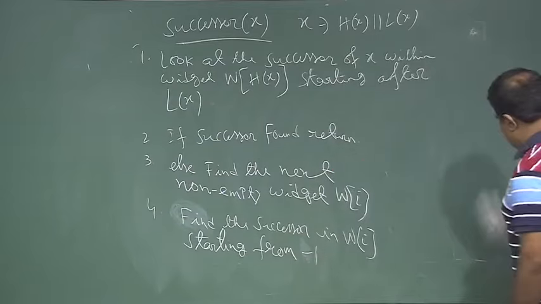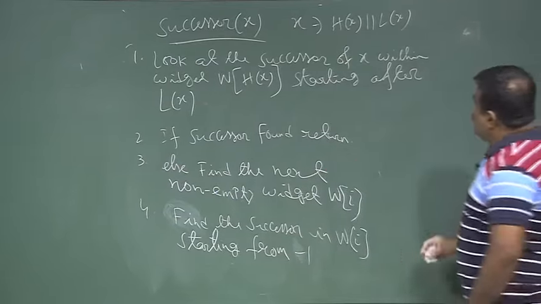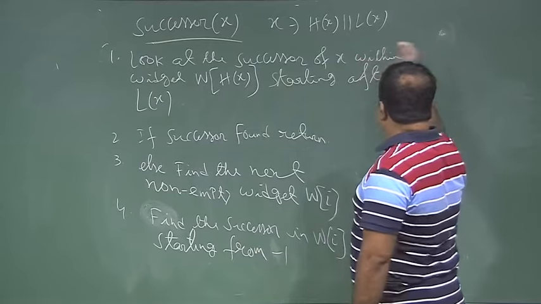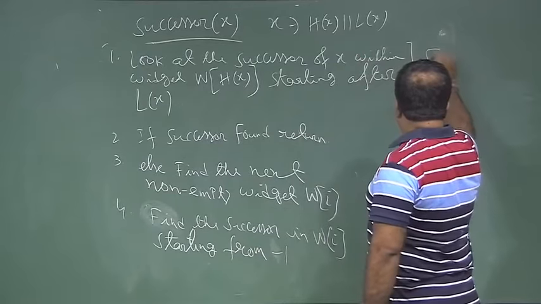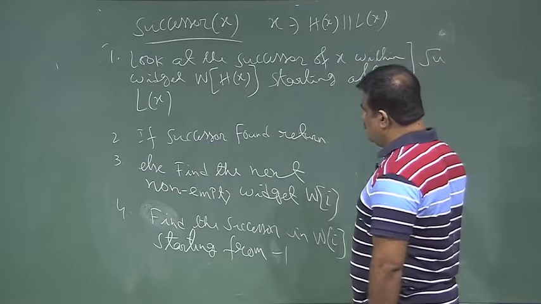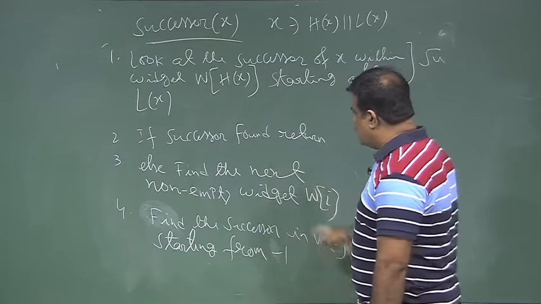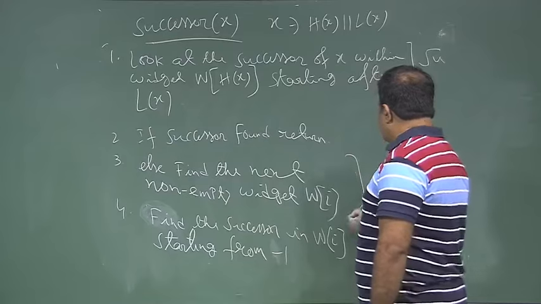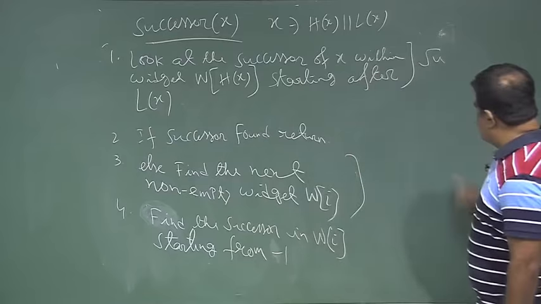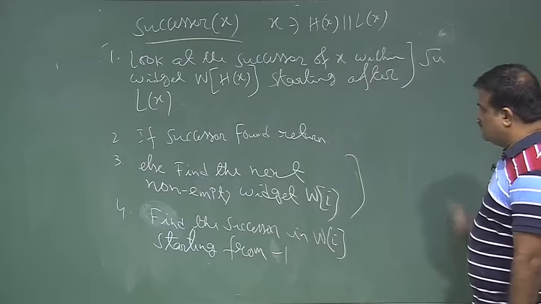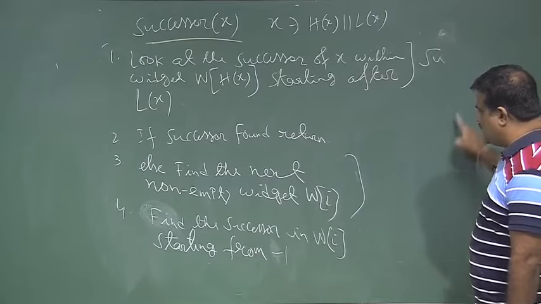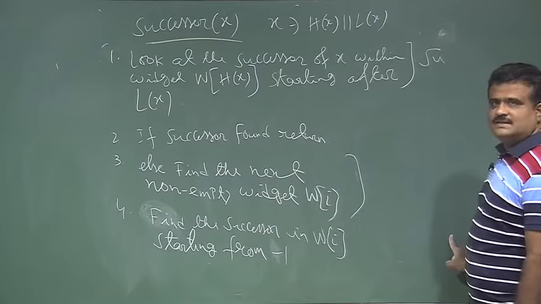Now, what is the time complexity? This will take square root of u time, and if found, then okay, otherwise we have to find the next non-empty widget which is having 1. That is also sort of a successor query.